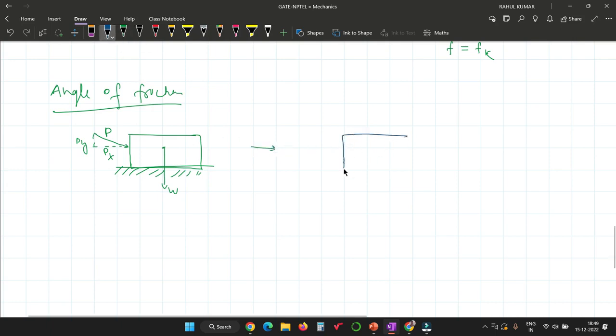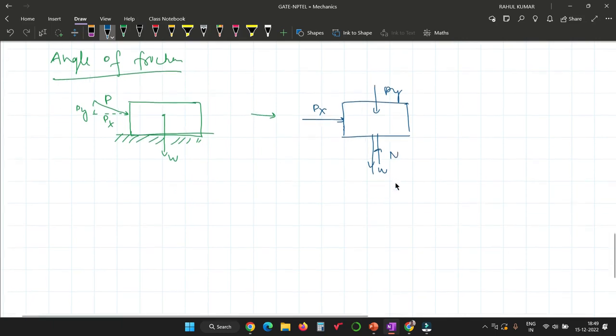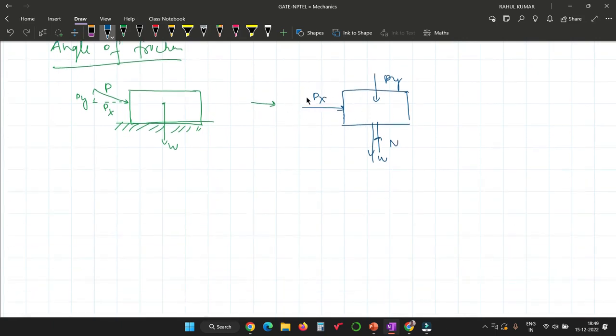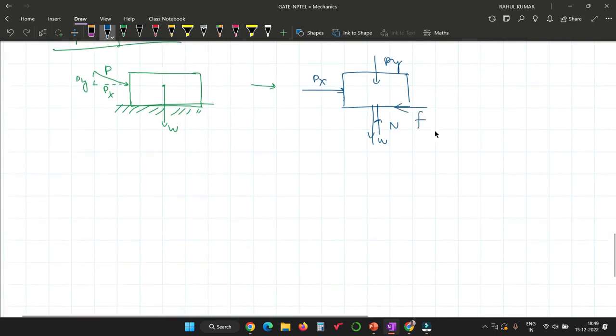there will be Px and Py, and here the normal reaction, and here the weight. Since you have applied an external force, there will be a frictional force.